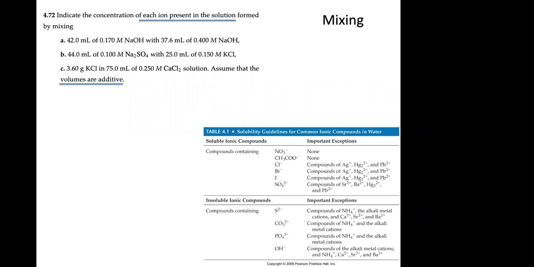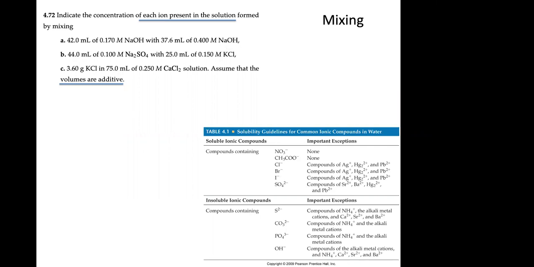In these examples, they typically will say the volumes are additive. If I look at this first one in A, what's the total volume going to be? It's going to be 42 mLs plus 37.6 mLs. That will be the total volume of the solution. What ions do I expect in there? I expect that the sodium hydroxide will give me sodium ions and hydroxide. I'm combining it with also sodium hydroxide.